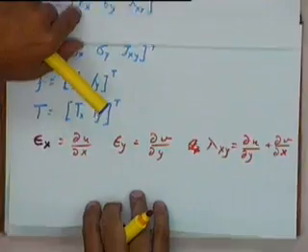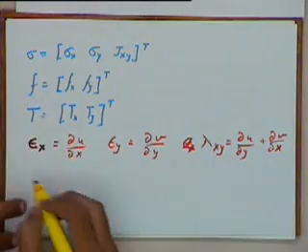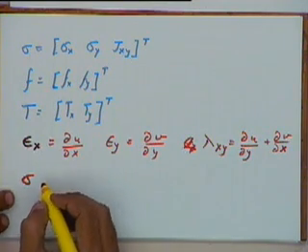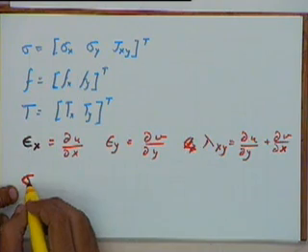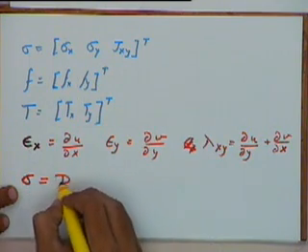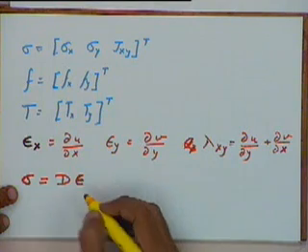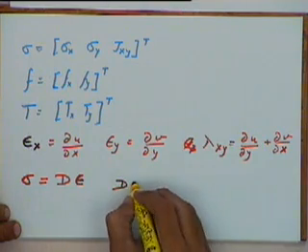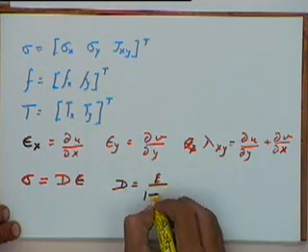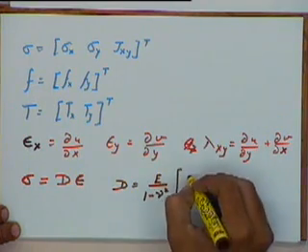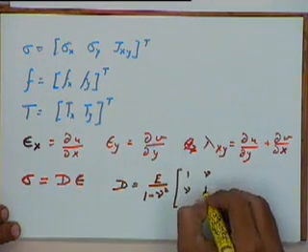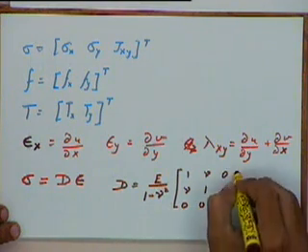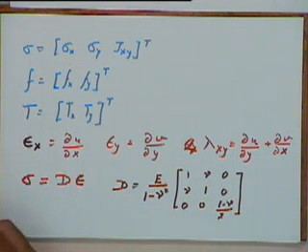Okay, and sigma, that is the stress vector, will be given by D times epsilon, where epsilon is the strain vector, and D would be given by the matrix, where nu is the Poisson's ratio.